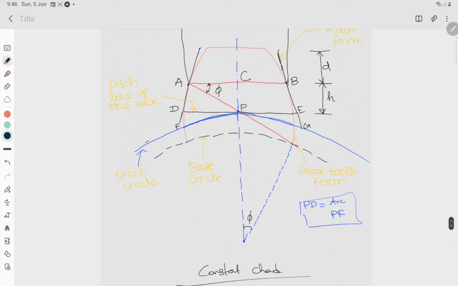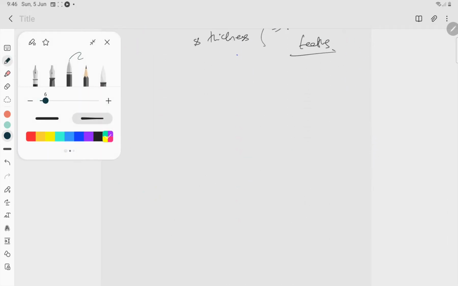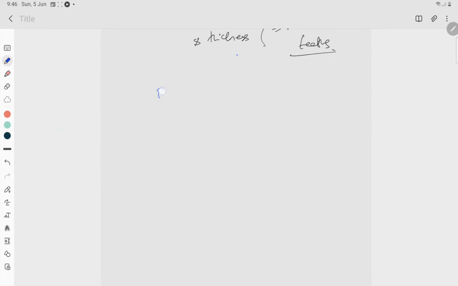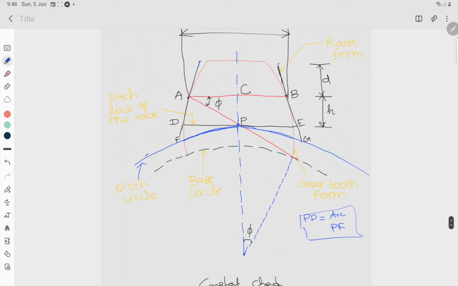As you can see in the diagram, PD is nothing but arc PF. Let's write that. PD is nothing but arc PF. So what is arc PF? Arc PF is nothing but 1/4 of the circular pitch.